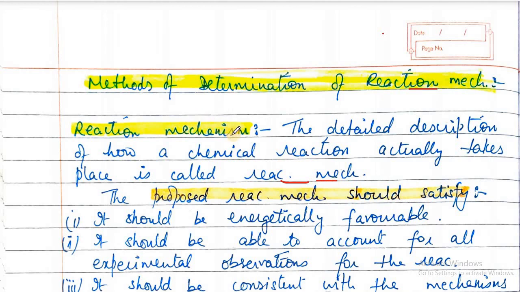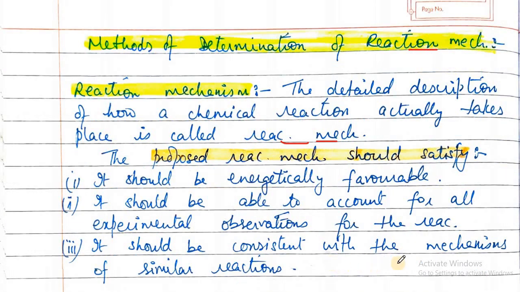The mechanism that we propose for any particular reaction should be energetically favorable, and it should be able to account for all the experimental observations for the reaction, and it should be consistent with the mechanisms of similar reactions.